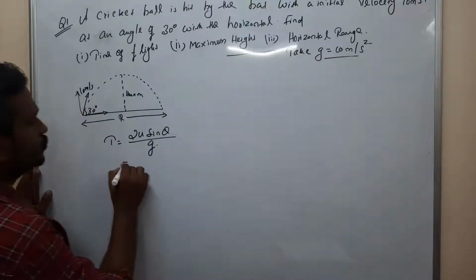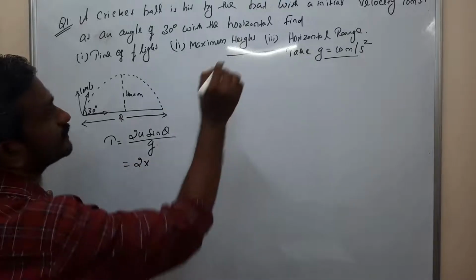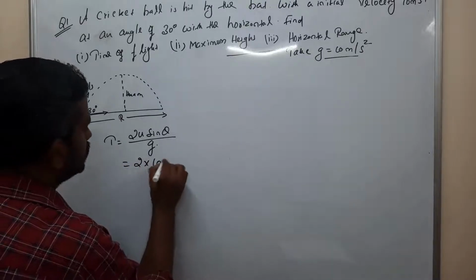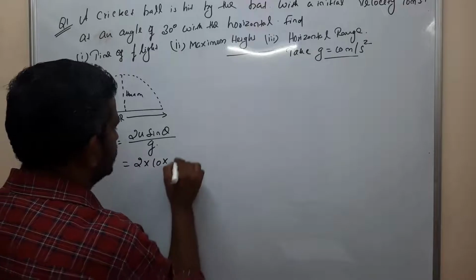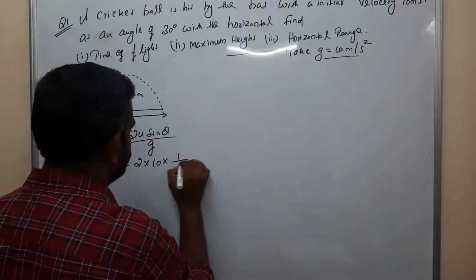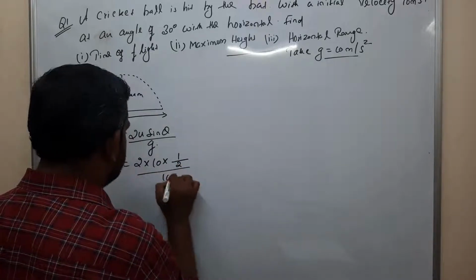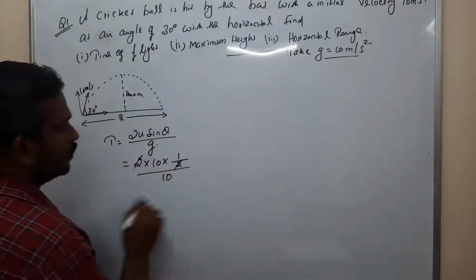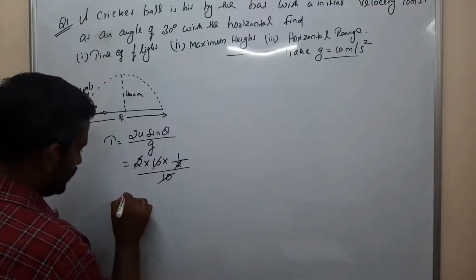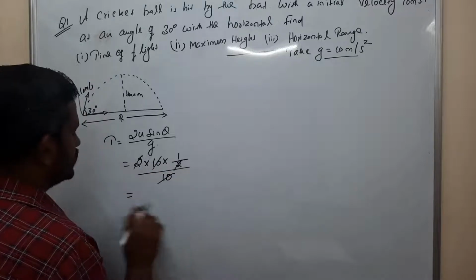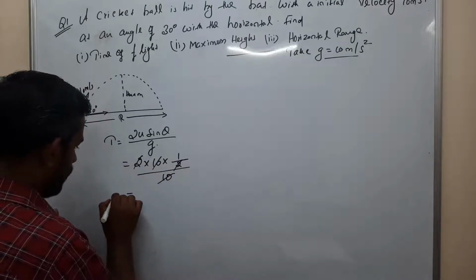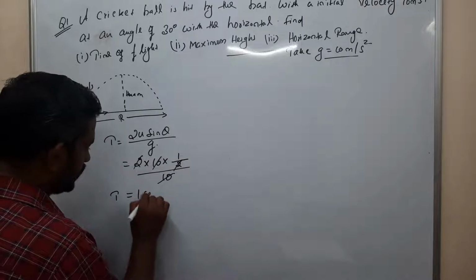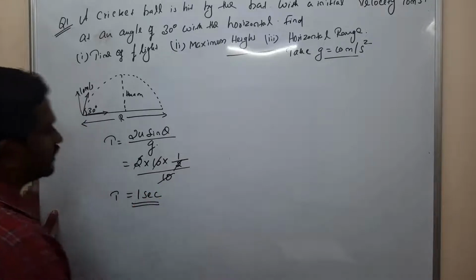So that's equal to 2 into the initial velocity 10 meter per second, 10 into sin 30, that is 1 by 2, divided by 10. So 2 gets cancelled, 10 gets cancelled. So t is equal to 1 second.